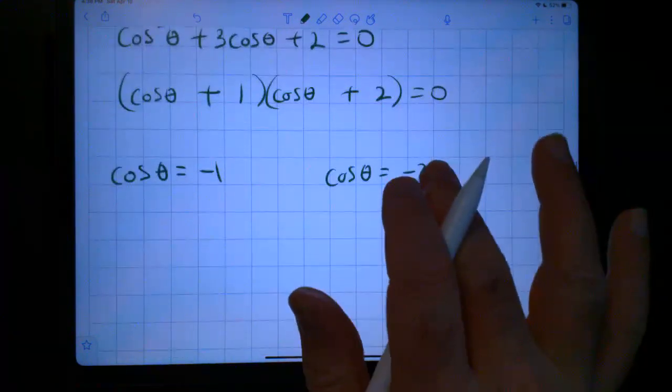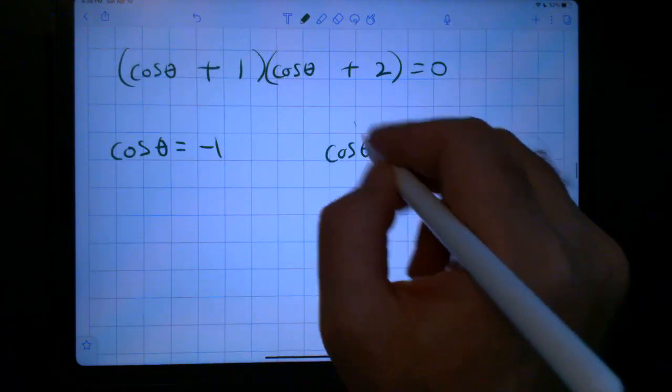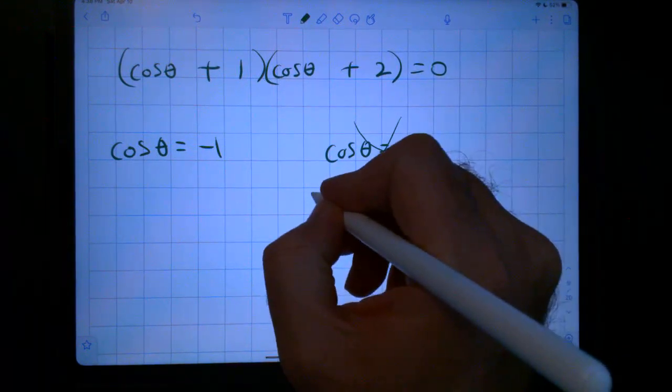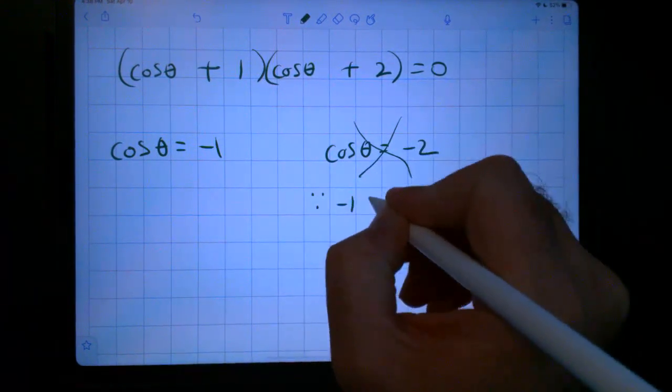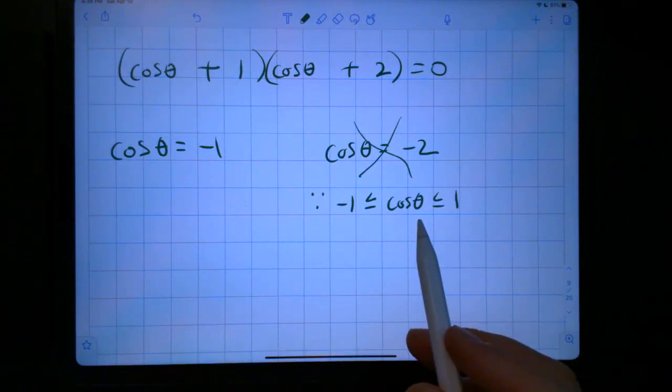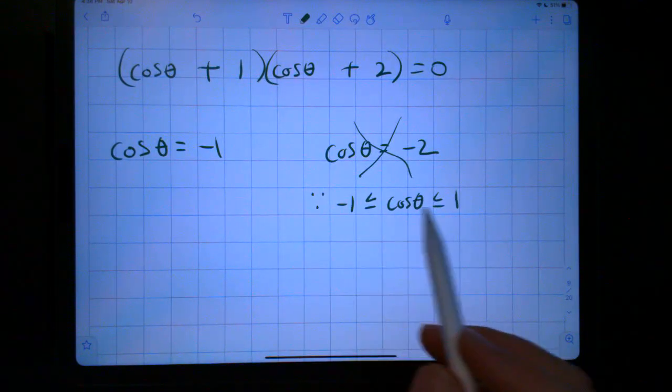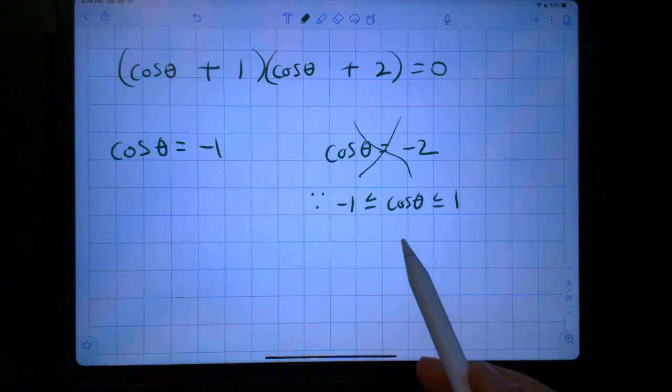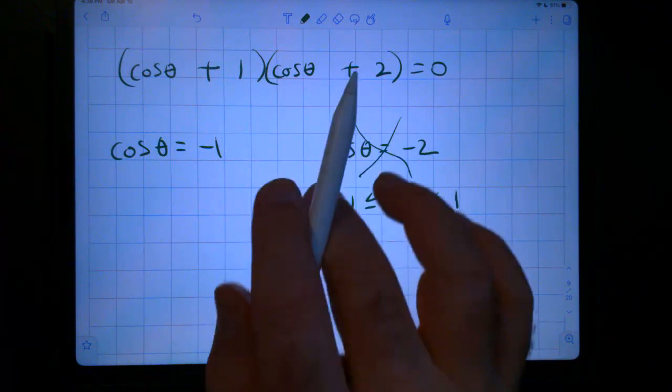And as explained before, I'll do it again here. This is an extraneous root because cosine of theta has to be in between positive 1 and negative 1. So this is no good. This one is good. So is this in radians or degrees?